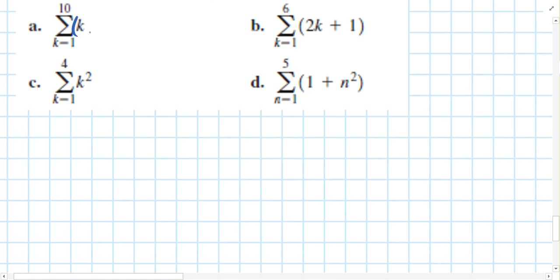And then we're also supplied a function to which we would apply these boundaries. So in part A, we're essentially saying find the sum of all k values for k values from 1 to 10. So the sum would literally look like this: 1 plus 2 plus 3 all the way up to 10. That's really what this notation is asking us to do.